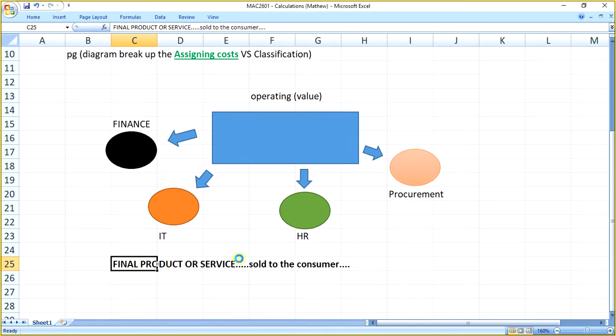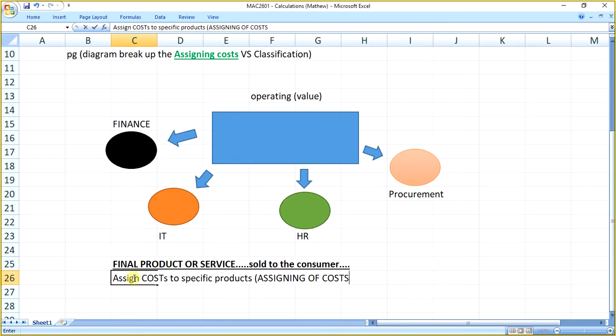But now the big challenge is, how do we then price or assign costs to specific products? That's what we're looking at in terms of the assigning of costs. Another word for describing that is cost allocation.